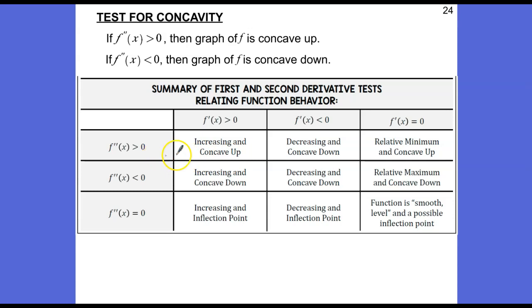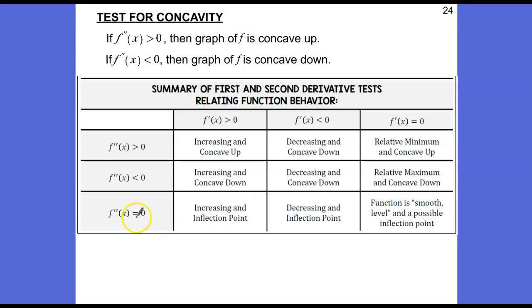If f double prime is positive and f prime is negative, f is decreasing and concave up. If f double prime is positive and f prime equals 0, we have a relative minimum and it's concave up. If f double prime is negative and f prime is positive, it's increasing and concave down. If f prime is negative, it's decreasing and concave down. If f prime equals 0, we have a relative maximum, and it's concave down.